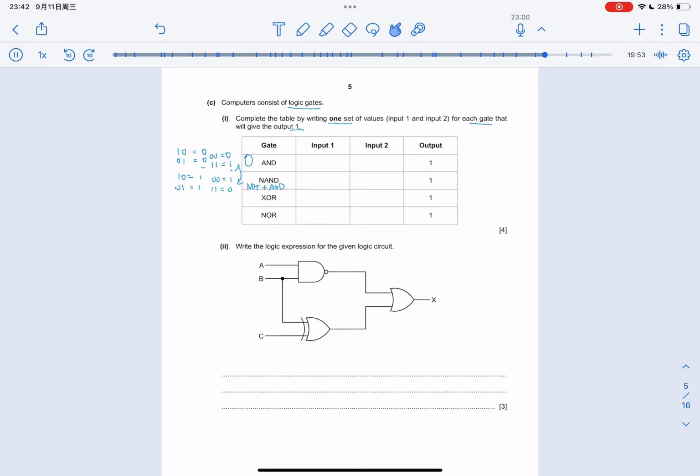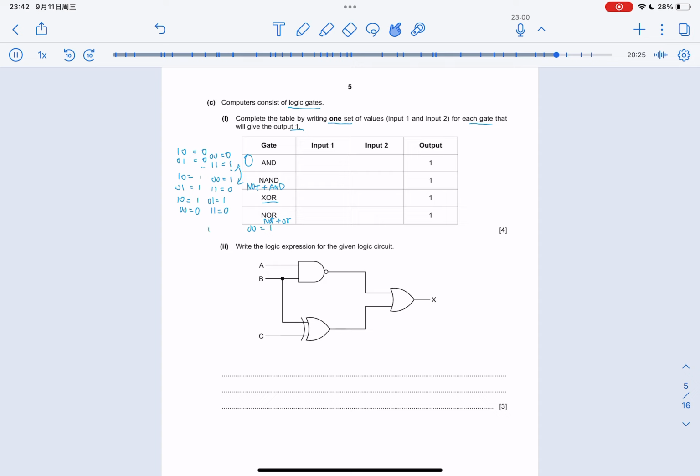Okay, for XOR, 1, 0 is always equal to 1, and 0, 1 also equals 1. 0, 0 always equals 0, and 1, 1 will be equal to 0. So this is XOR. And for NOR, we have 0, 0 equals 1. So it's actually not plus OR.